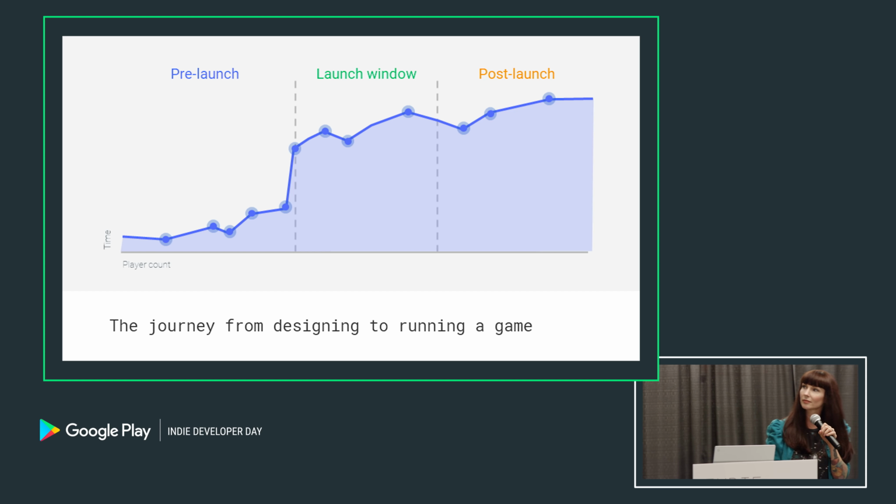Next, pre-registration. Pre-registration is an opportunity for you to build hype. You get a page up on the store that lets gamers know your game is coming before you've even launched, gives them a little information about what your game is about, and allows them to click the Sign Up Now button, and they will then get a notification when your game launches.